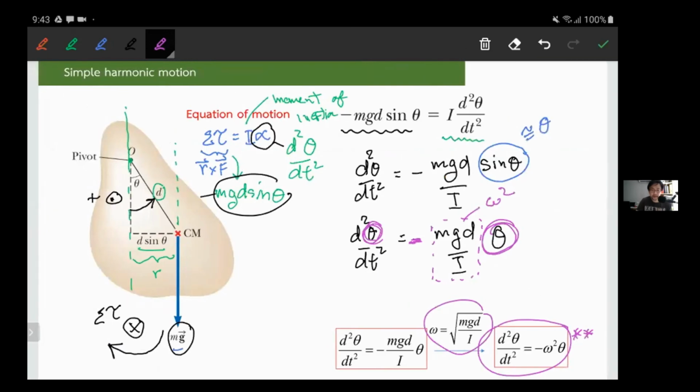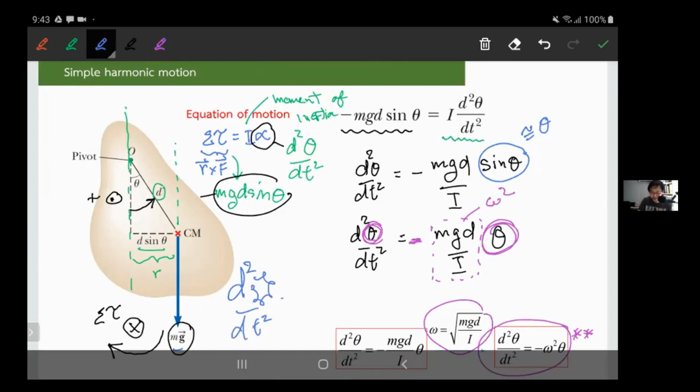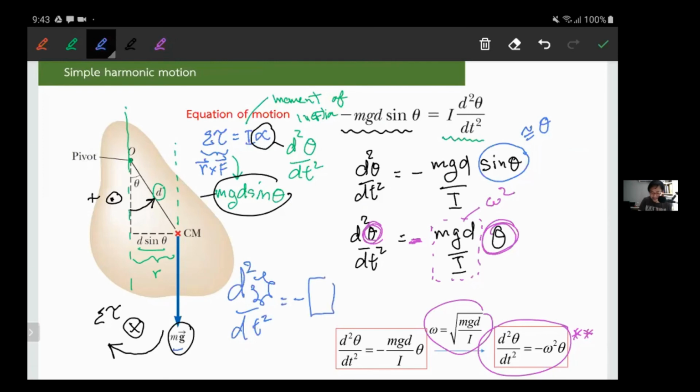The conclusion that we have over here is that you can take the derivative of anything squared equal to negative something, and then you get the original back. Let me put that there. Every time you see this in your life, you don't even have to solve it.